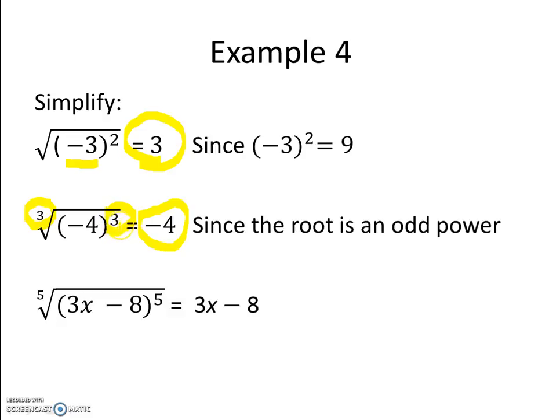Cubing and cube roots are opposites, so we go back to the original stuff inside, which is -4. That being said, when I'm asking you to do the fifth root of the quantity 3x minus 8, to the 5th power, they just undo each other, and our answer is 3x minus 8.